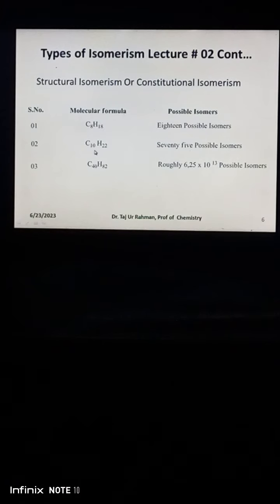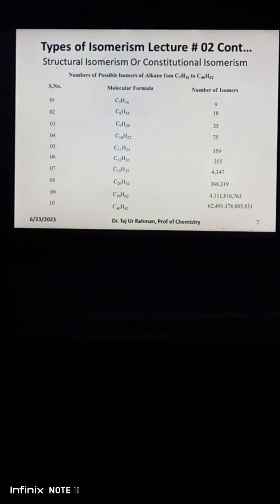This one with molecular formula C10H22 has 75 possible isomers, and this alkane with molecular formula C40H82 has roughly 62 into 10 raised to power 13 possible isomers. So this data shows that with the increase in number of carbon atoms, the number of possible isomers of these alkanes increases.